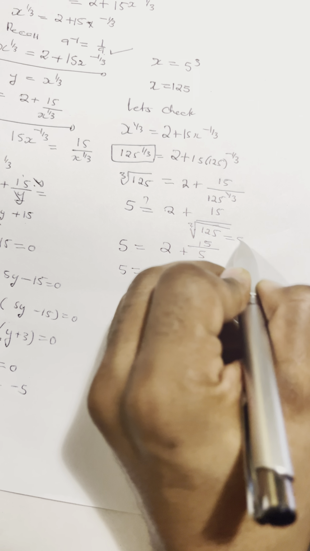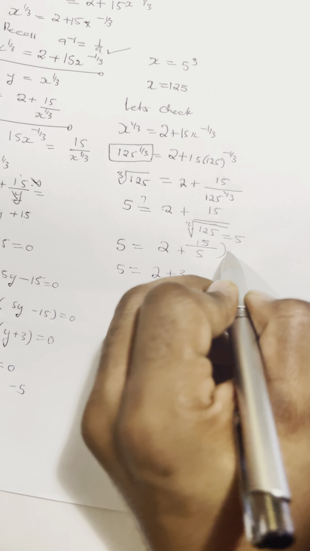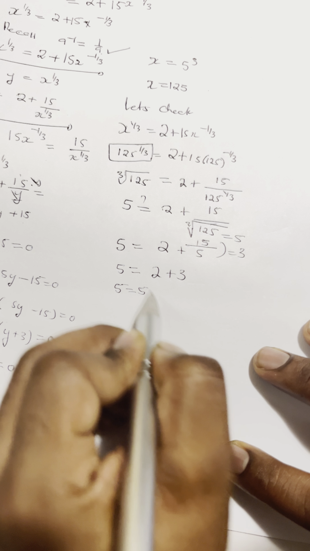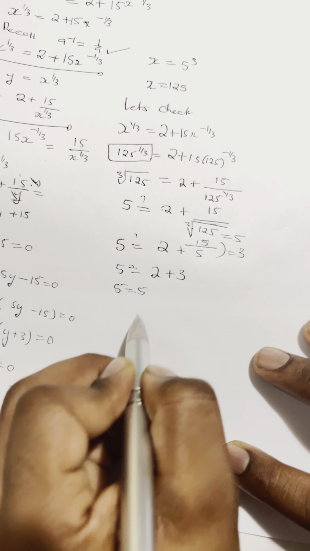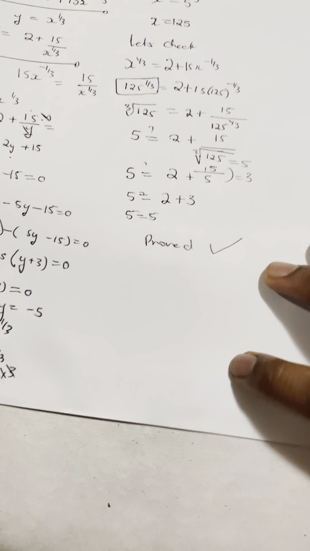This is equal to 5, and then this is equal to 3. Now 5 is equal to 5. So it's no longer a question mark. It's proved. We have proved it.